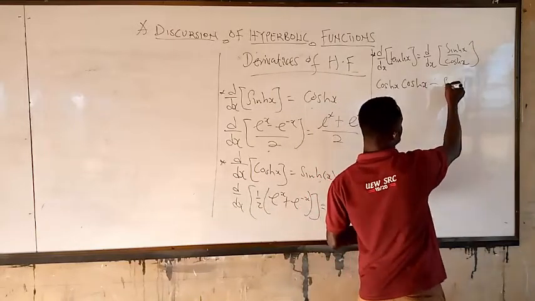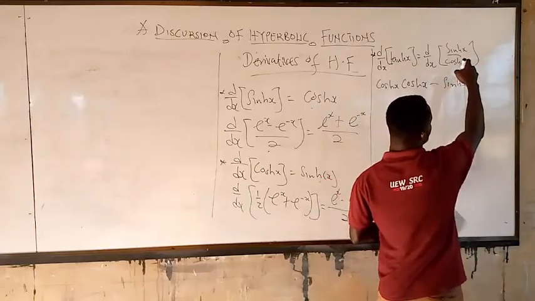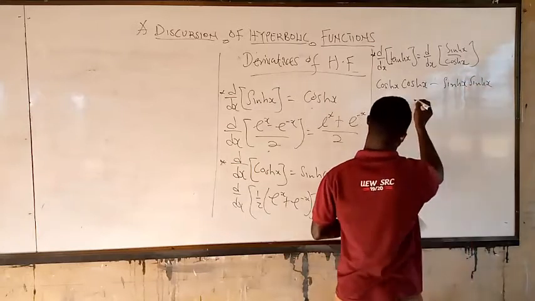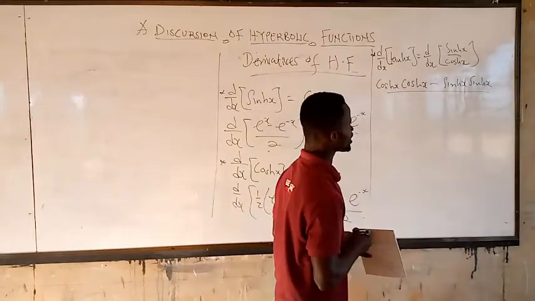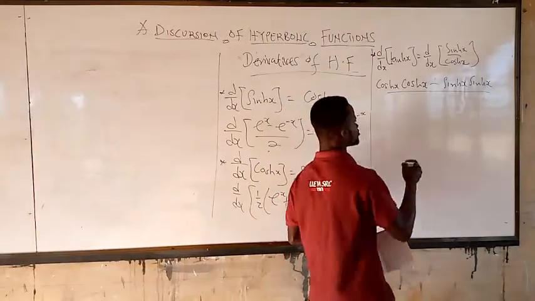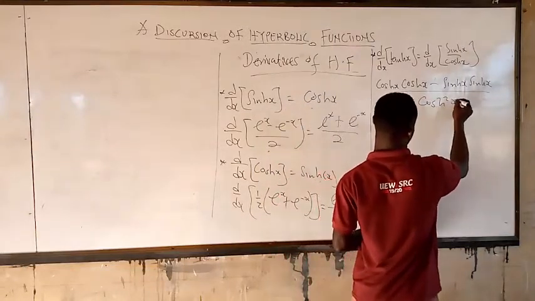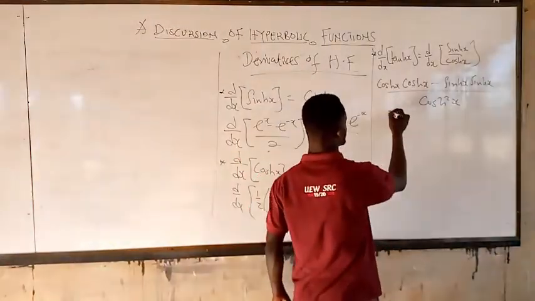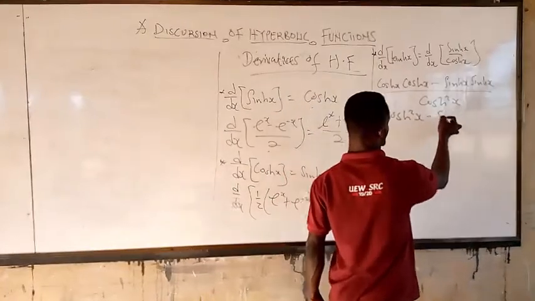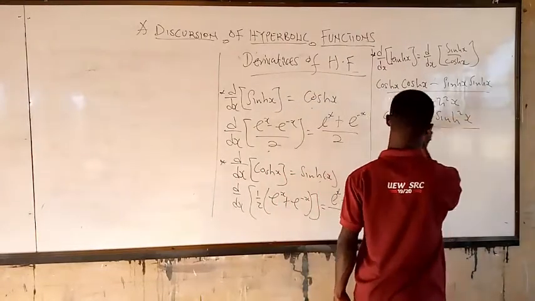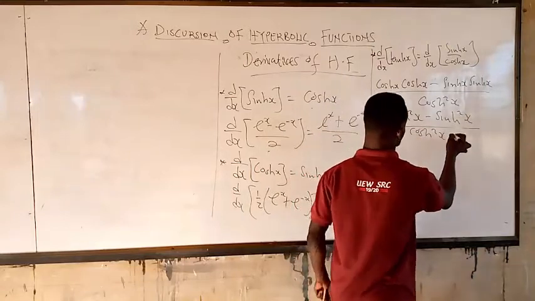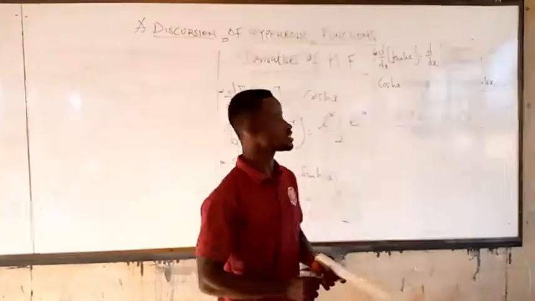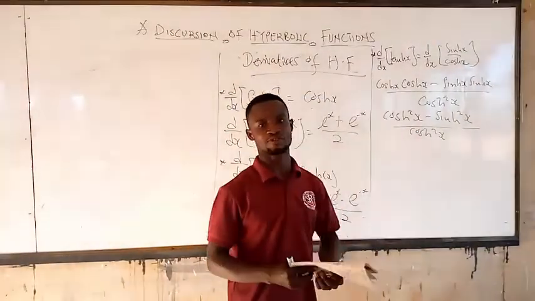So the high is what? Sinh s. And the low, when you differentiate cosh, you get what? Sinh s. So low the high minus high the low, square the bottom. And the bottom is cosh square s. So this multiply this, we get cosh square s minus sinh square s, all this over cosh square what? s. But we know from hyperbolic identities that the numerator we have here is what? 1.